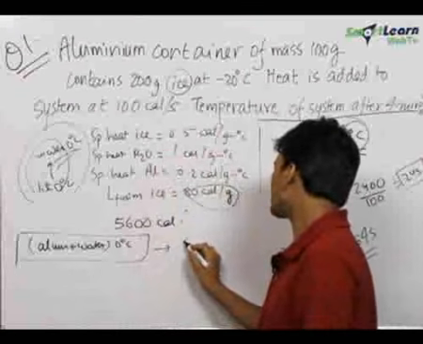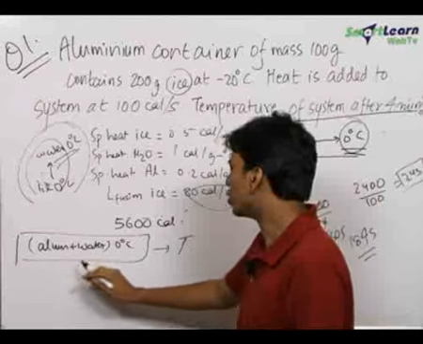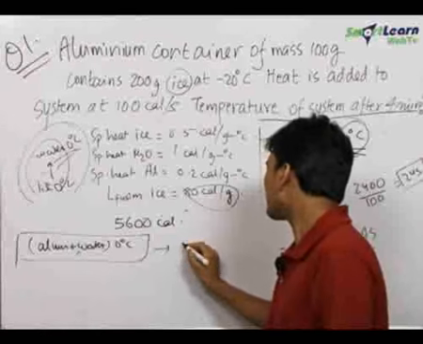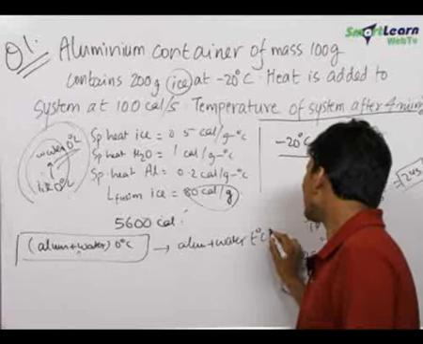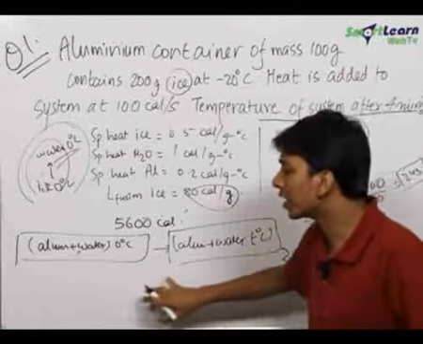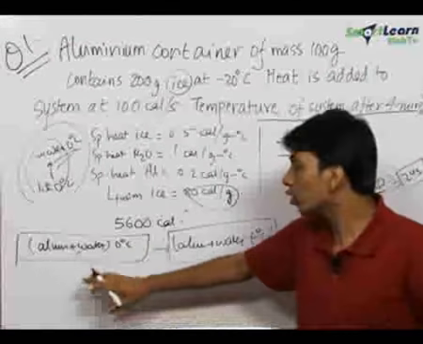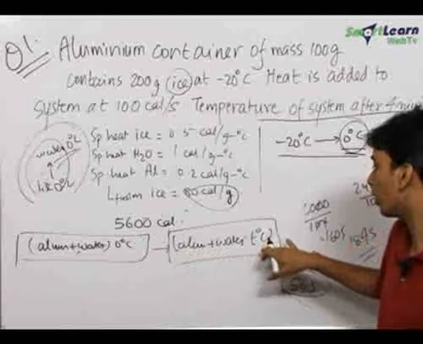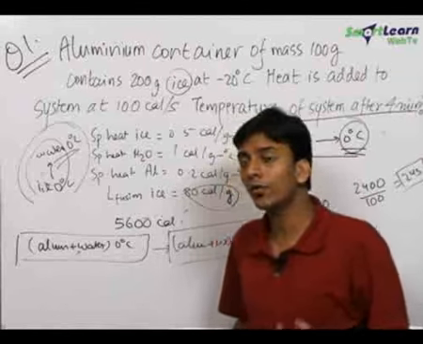Let it go to final temperature T. You must keep in mind one thing, that you can apply the equation for aluminium plus water at 0 degrees Celsius to aluminium plus water at T degrees Celsius directly by using the specific heats of aluminium and water, but you couldn't have applied the equation for aluminium plus ice at 0 degrees Celsius to aluminium plus water at T degrees Celsius directly, because it would have also involved the term of latent heat of fusion.